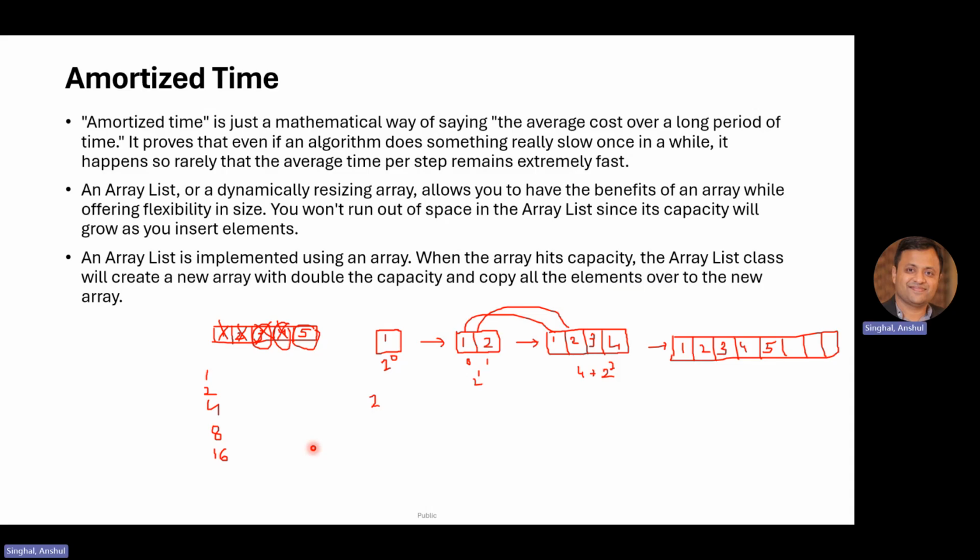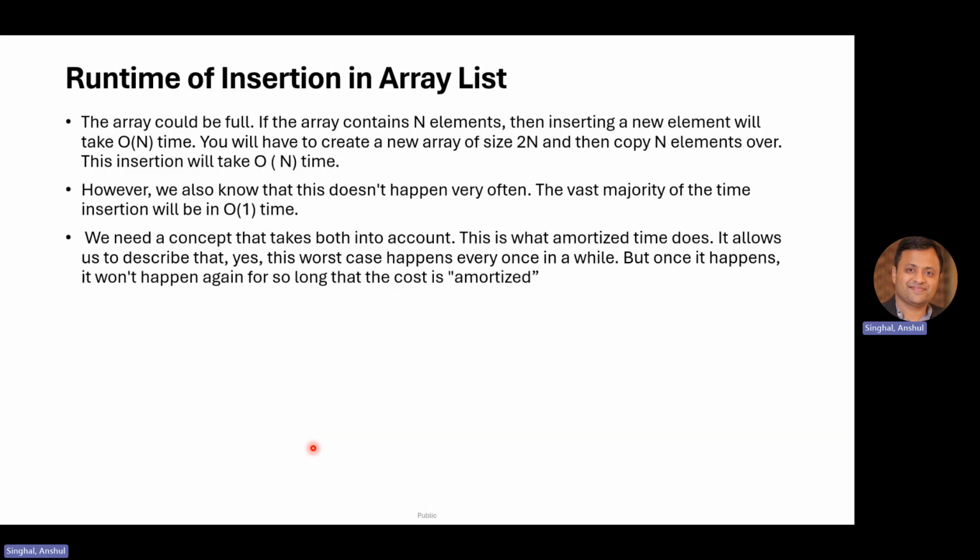Later on, we talked about amortized time, which is the average cost over a long period of time. Here we talked about the array list, which is a dynamically resizing array. We found from the calculation that the runtime of insertion in array list comes out as order of one amortized cost.